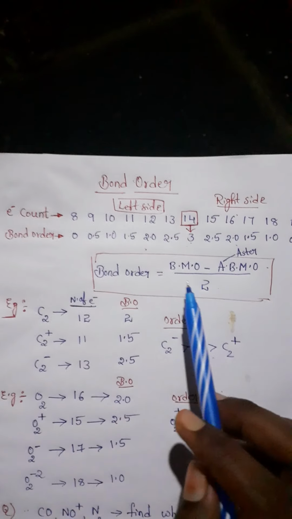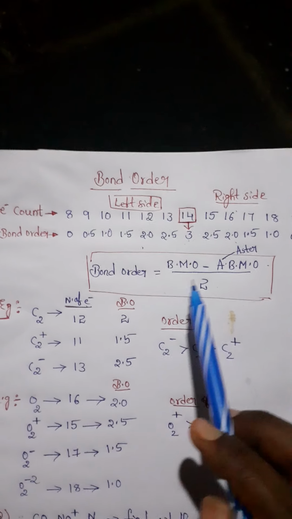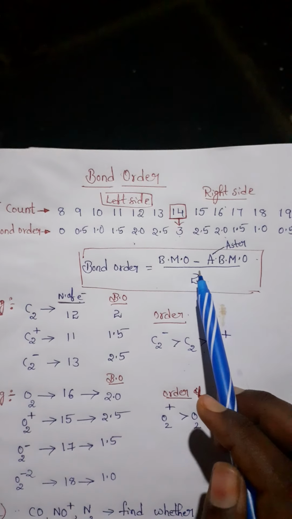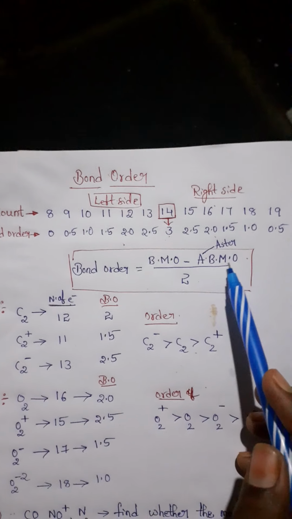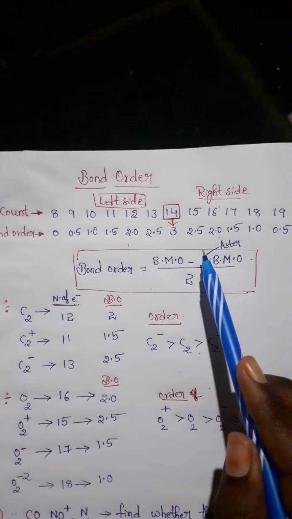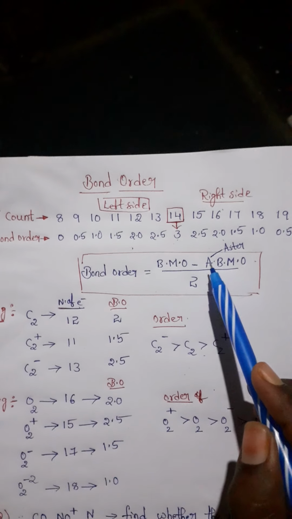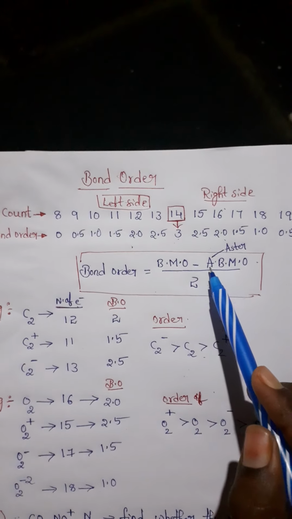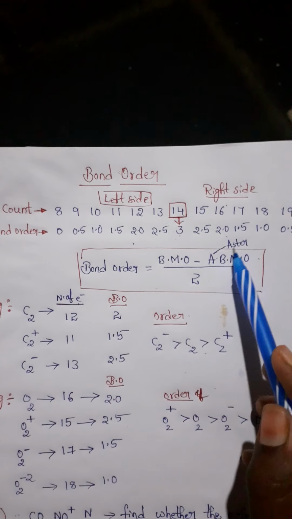We know that the actual formula to find bond order is bonding molecular orbitals minus anti-bonding molecular orbitals, divided by 2. Here is one remembering point: anti-bonding orbitals are the ones having an asterisk, like sigma star and pi star.